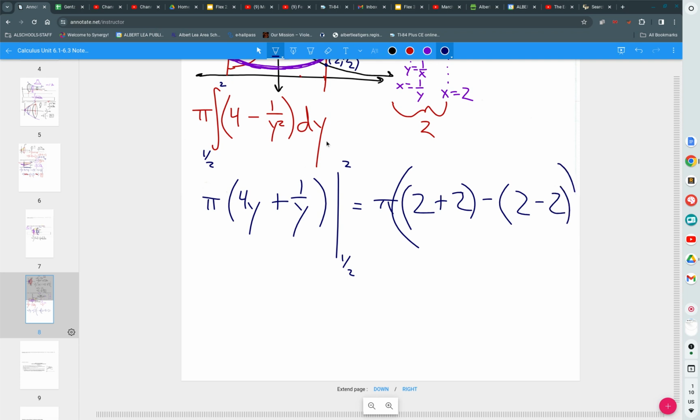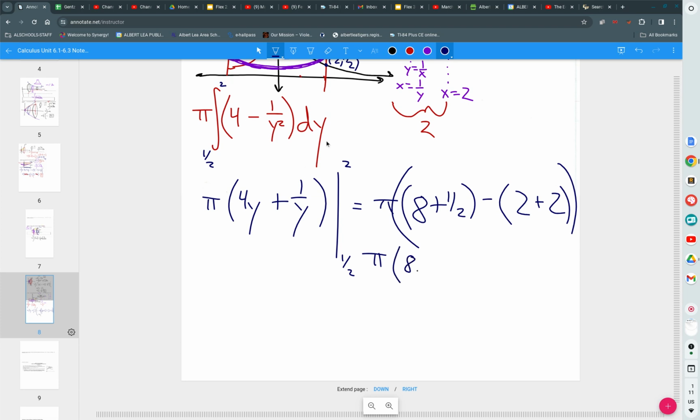Sorry. We'll put that over there, okay? So we'll go back, we'll plug in 2, 4 times 2 is 8, and then 1 over 2 is 1/2. Okay, that's better. So we have pi times 8 plus 1/2.